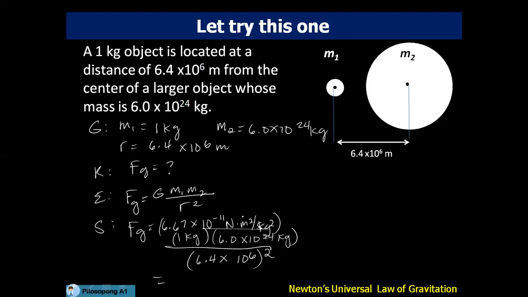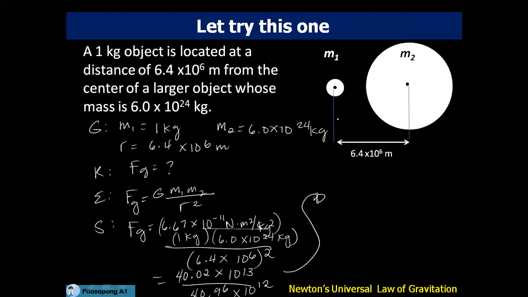Let us compute the numerator part first. So we'll have a value of about 40.02 times 10 raised to 13, all over the square, that is 40.96 times 10 raised to 12.